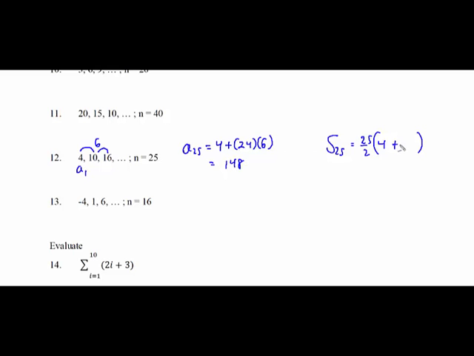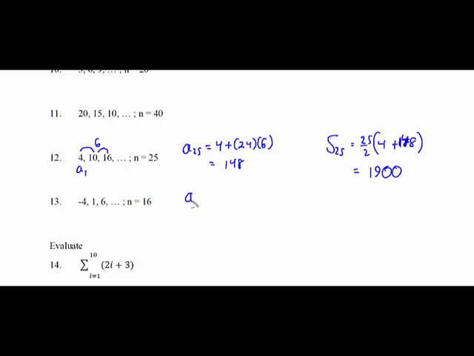This is the number I would plug in over here. Apologies for the rewriting there. Then I add these together, which gives me 152. 152 times 12 and a half gives me 1900. So 1900 is the sum of the first 25 numbers starting with 4 and adding 6 each time.